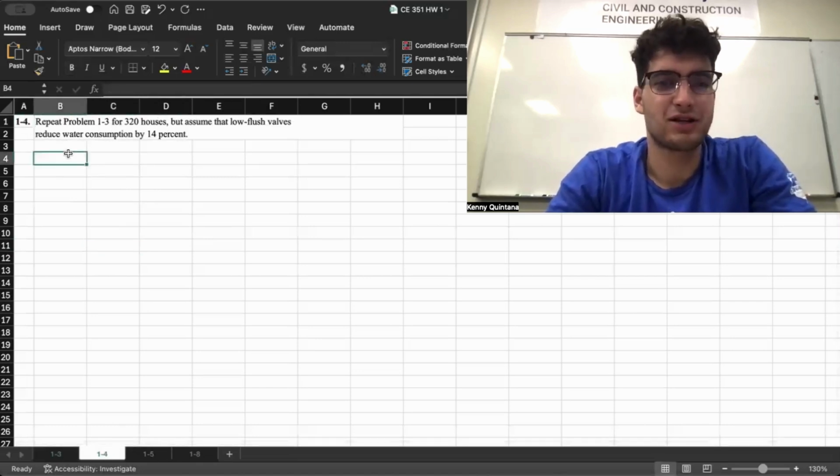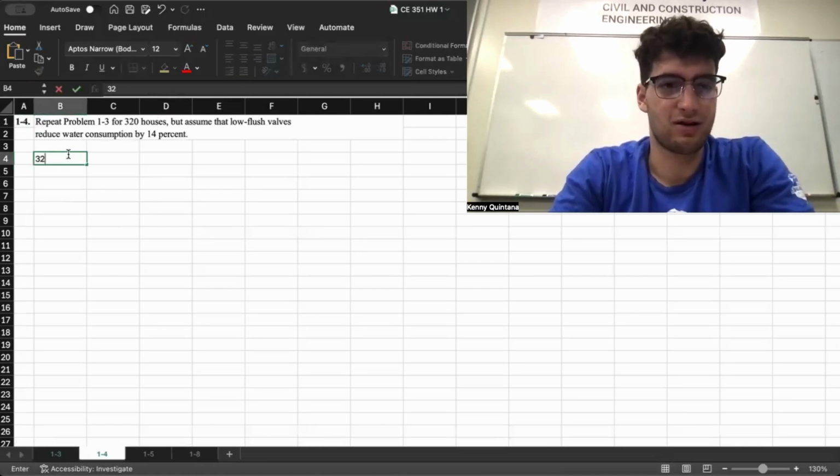Okay. 1-4, repeat problem 1-3 for 320 houses, but assume that low flush valves reduce water consumption by 14%. So we have 320, our number of houses is 320.